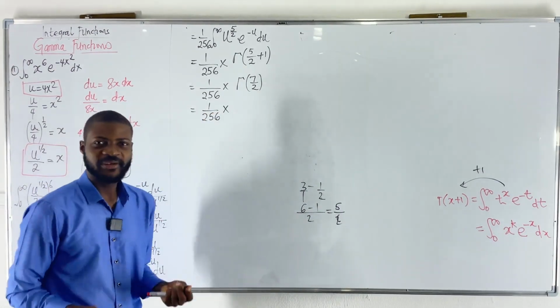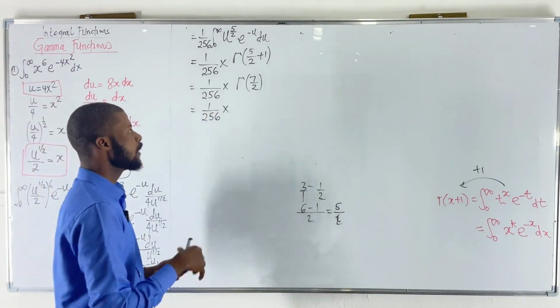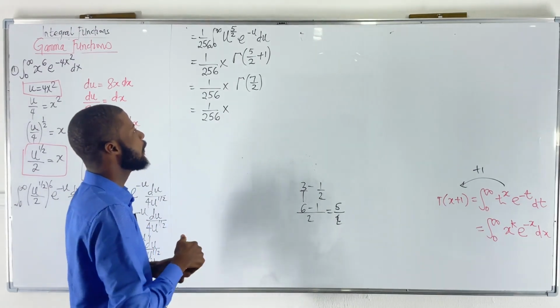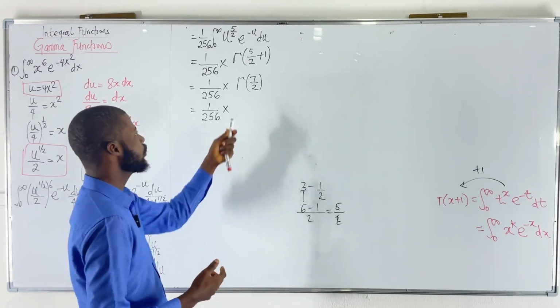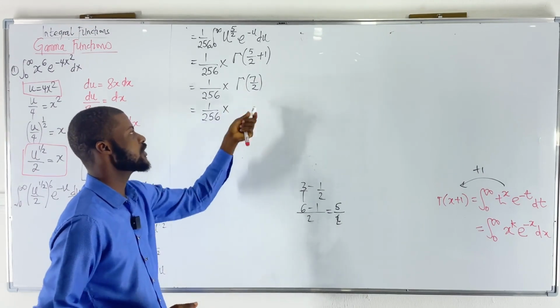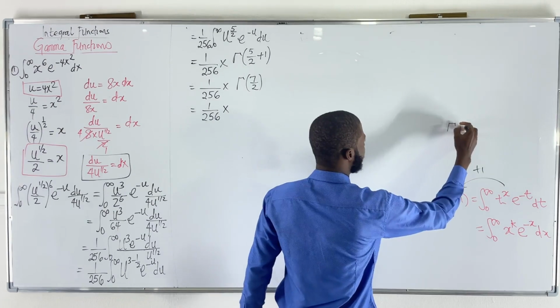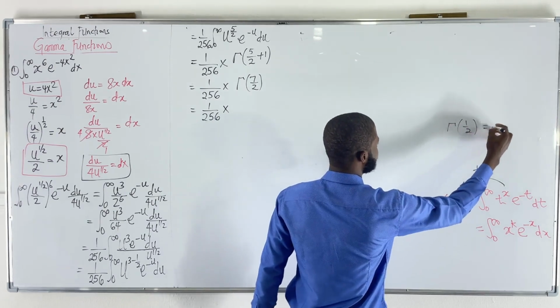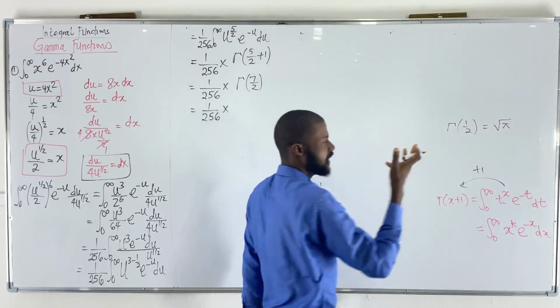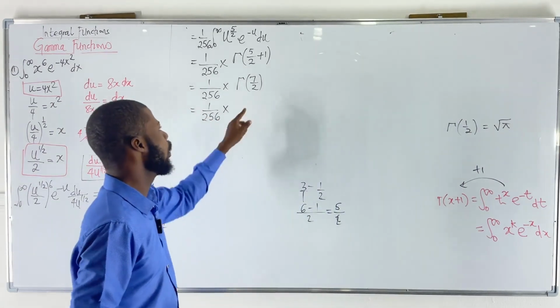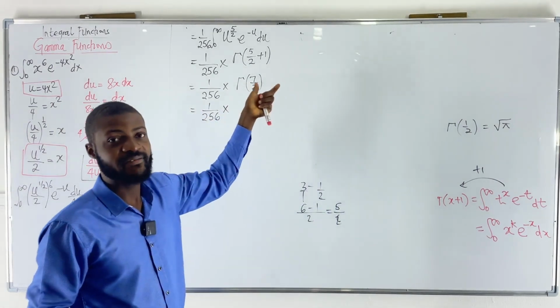Now this is the beautiful thing about this. Remember that in the first video, I showed you how to use the recurrence relation to solve for something like this. Because the gamma of 1 over 2 is the square root of pi. I believe that's easy to know. So you can always solve every single thing that deals with half integers.